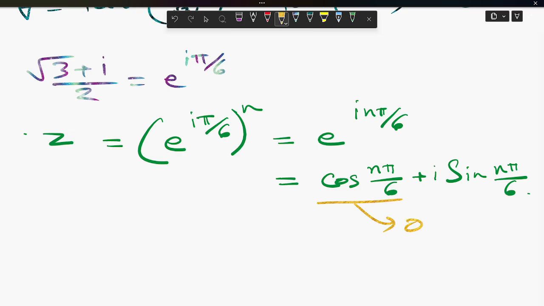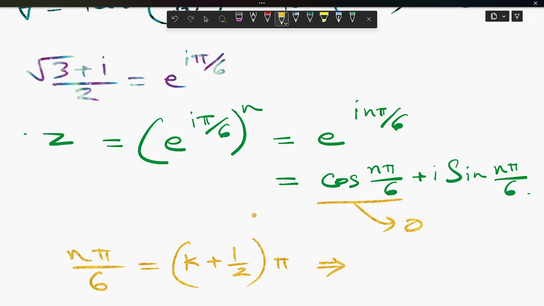This will be 0 when cos of n pi by 6 equals 0, and that happens only when n pi by 6 equals pi by 2, or rather we can write (k plus half) pi.